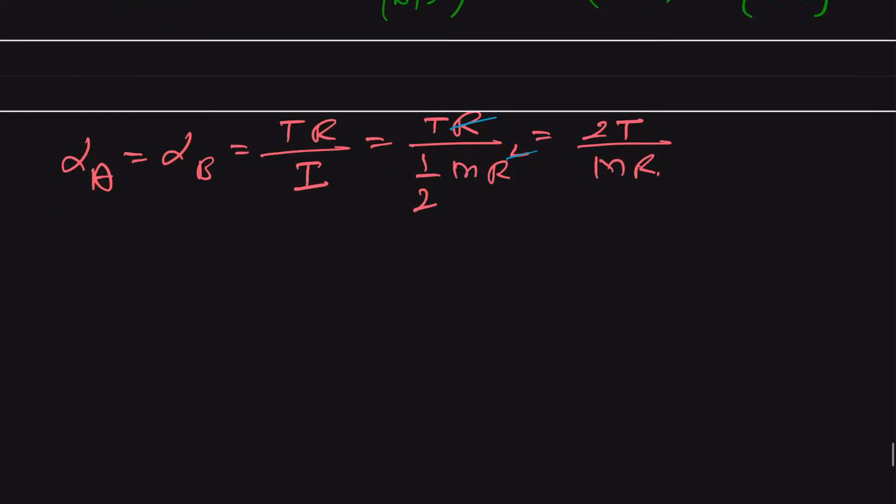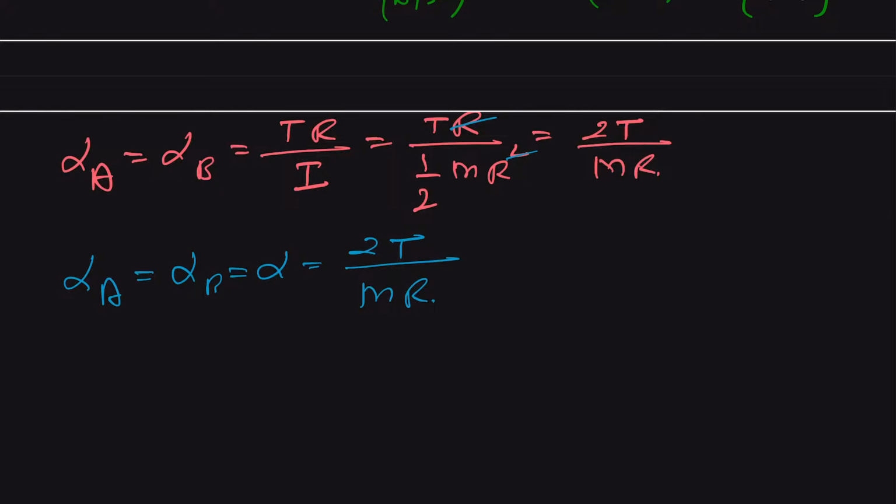So let us assume that they have the same acceleration, alpha A is equal to alpha B is equal to alpha, and that is equal to 2T divided by mr. So this is the angular acceleration.